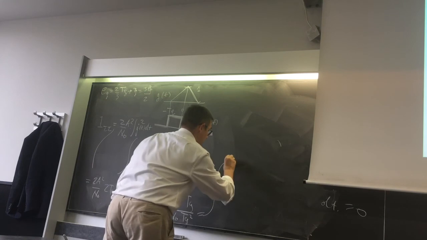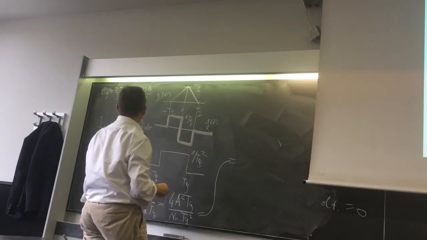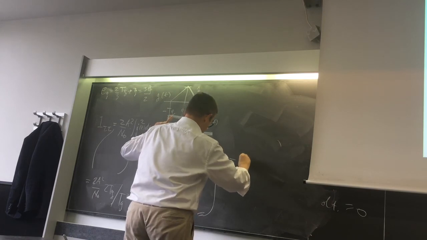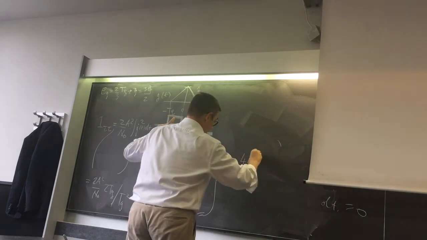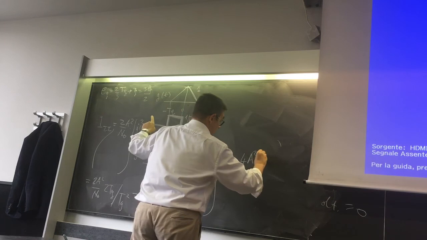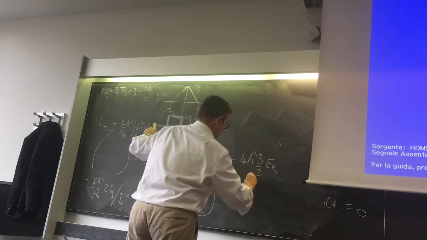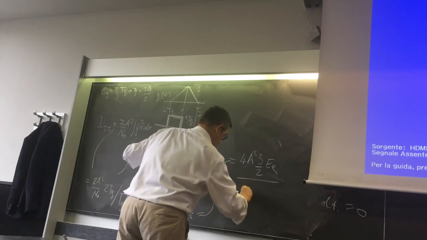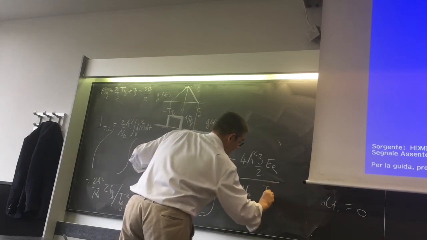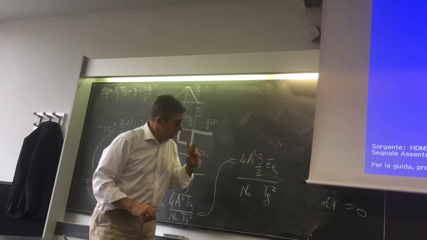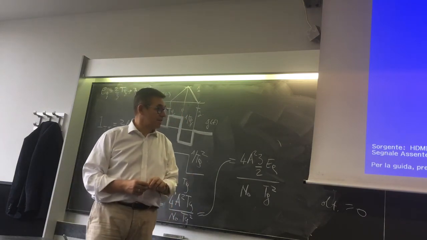So to write it in a conventional way it is 4a squared, 3 divided by 2 Eg, and then it is n0 multiplied by Eg squared. Now, this one makes more sense for me.